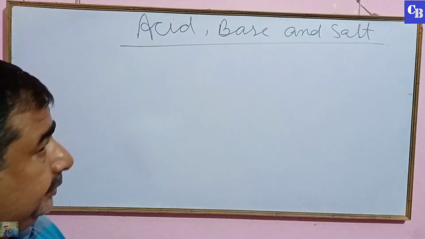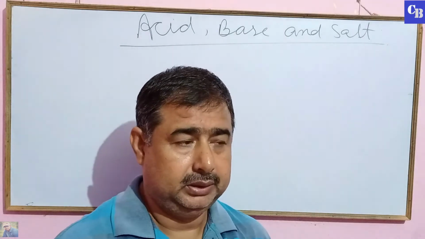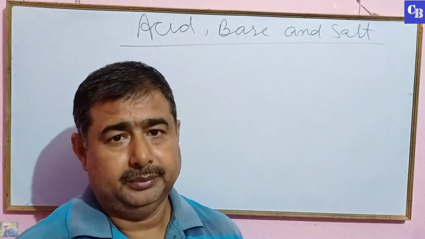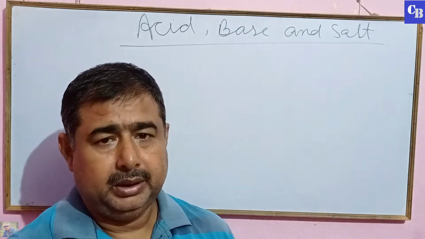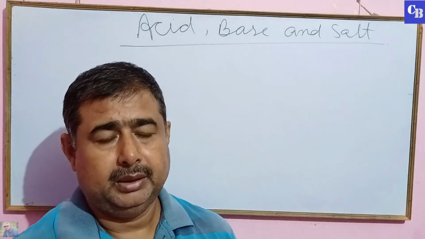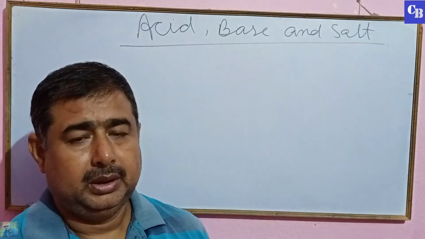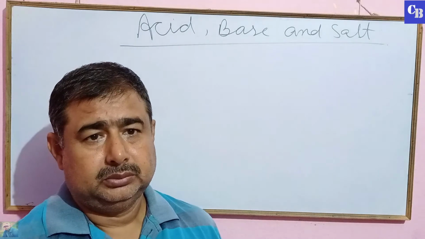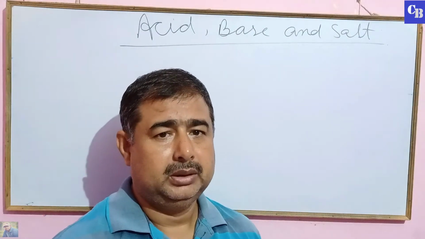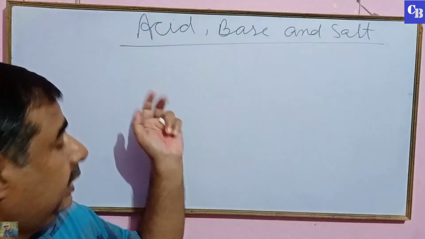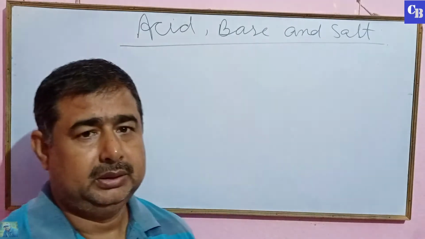You know that about 118 elements have been discovered by this time, and these elements combine with each other to form a large number of compounds. These compounds are classified into three groups on the basis of their chemical properties: acid, base and salt.